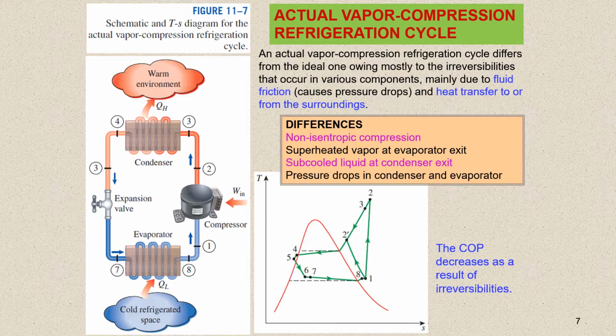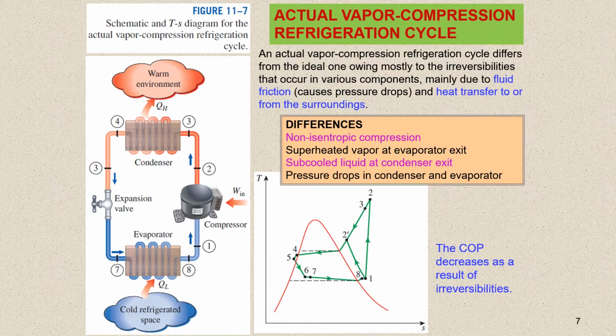Also, the line connecting the evaporator to the compressor is usually very long. Thus, the pressure drop caused by fluid friction and heat transfer from the surroundings to the refrigerant can be very significant. The result of superheating, heat gain in the connecting line, and pressure drops in the evaporator and the connecting line is an increase in the specific volume.